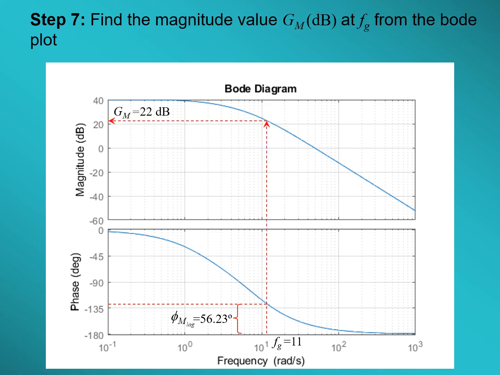Alright, step number 7, find the magnitude value G or Gm at Fg from the Bode plot. At Fg, which is 11, project a line upward until it crosses the magnitude line, and then project a line to the left on the y-axis to get Gm equals 22 dB.